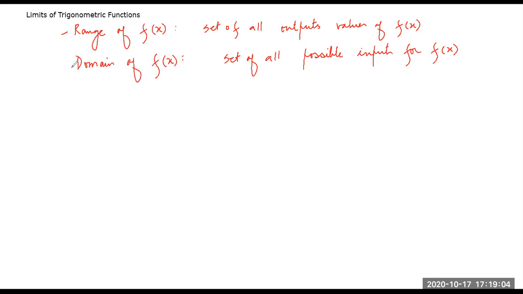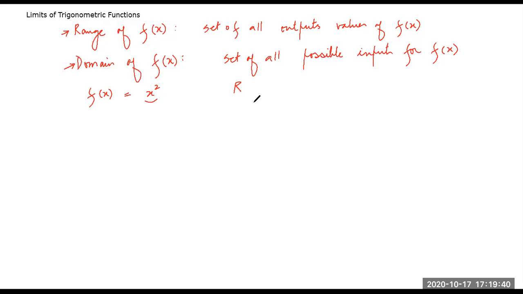So range is related to domain. In order to understand better, let's say we have a function f of x is equal to x squared. So now possibly set of all real numbers x, set of all real numbers could possibly be the domain of this function, values of x.